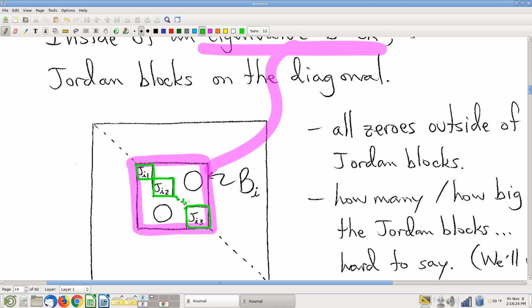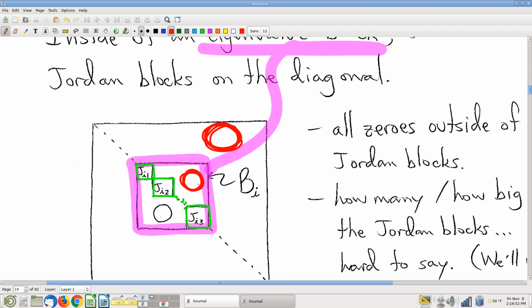Now remember, we already knew that outside of the eigenvalue blocks was all zeros. Now we see that there's more blocks on the inside. Well, outside of those inside blocks, also all zeros. So lots of zeros. Which, by the way, good news, right? We like zeros. Zeros are easy, right?